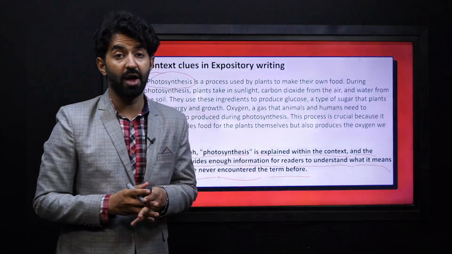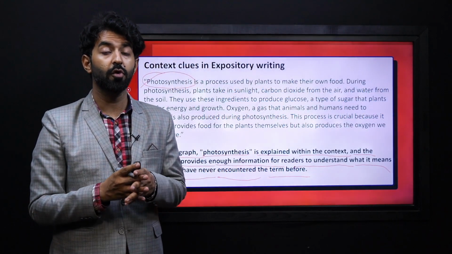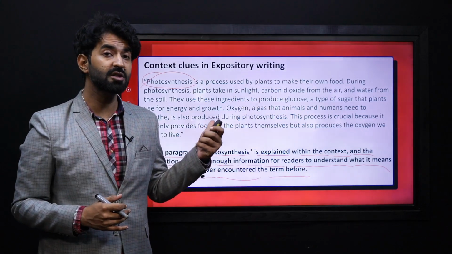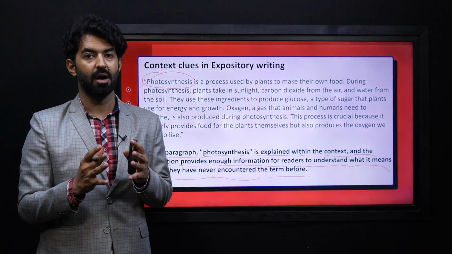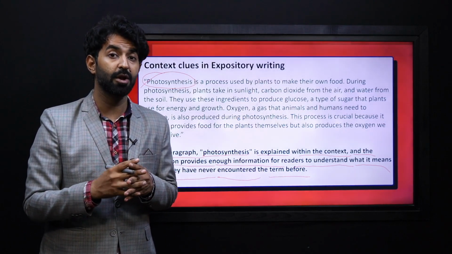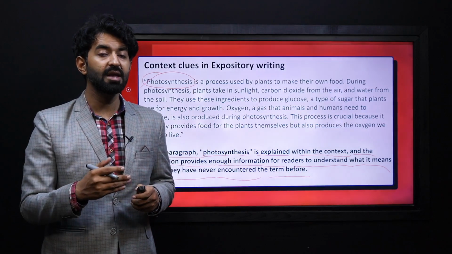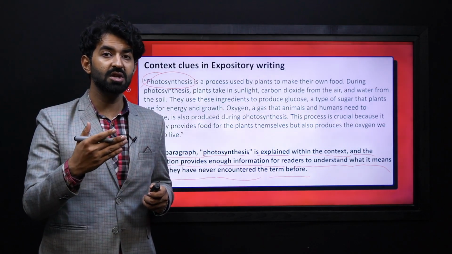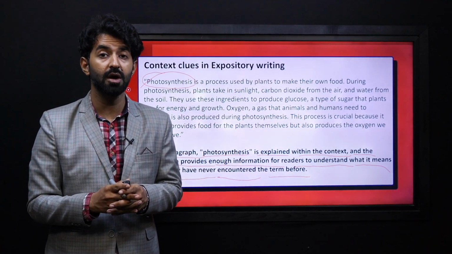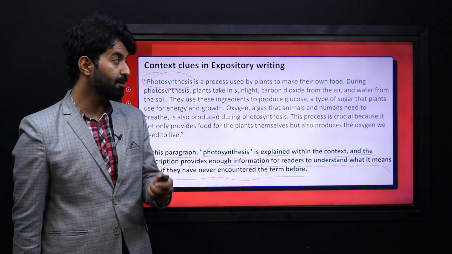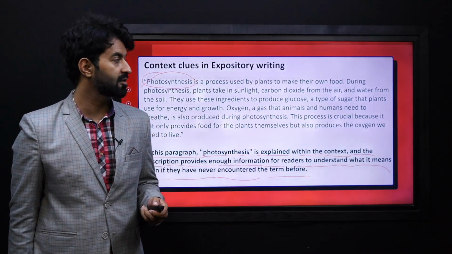Imagine you have never encountered the term photosynthesis before. If you read this passage, you will have a very good idea about the term and what it belongs to. So by reading the explanation and description, you can easily identify the meaning of the unfamiliar word in any passage or in any kind of text.